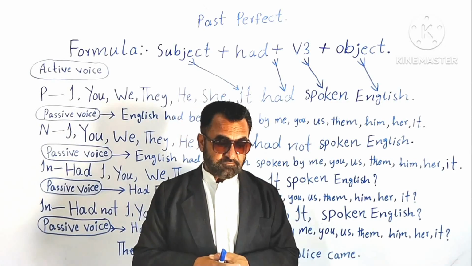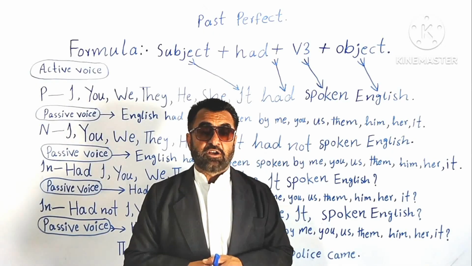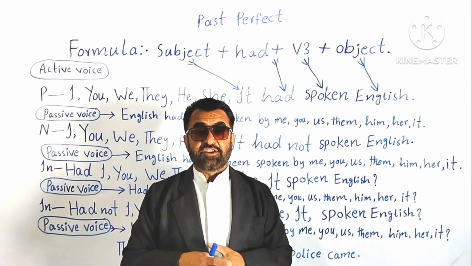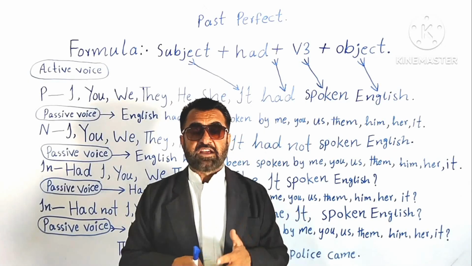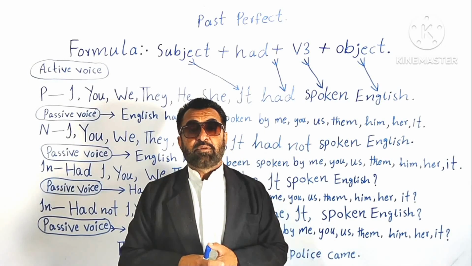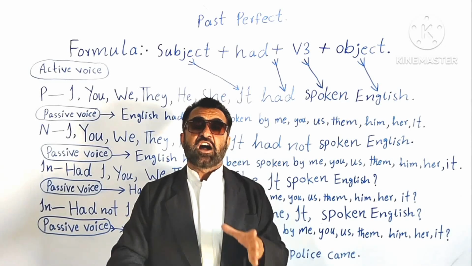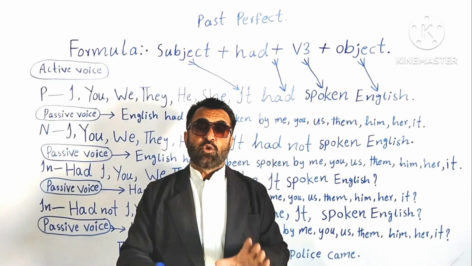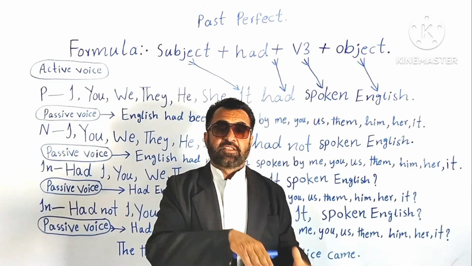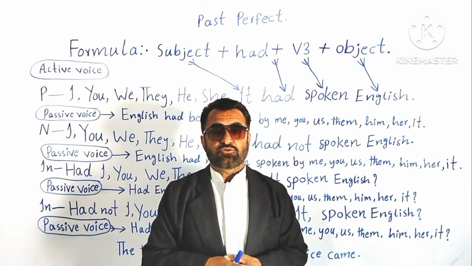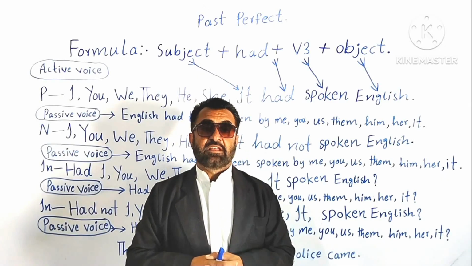When it comes to past continuous, present continuous, present simple, or present perfect, whatever that is, then because the helping verb does not remain the same, it changes according to the subject. Whatever the subject is, according to the subject, the helping verb comes. Understood? So that's why it can create a lot of problems for us there.